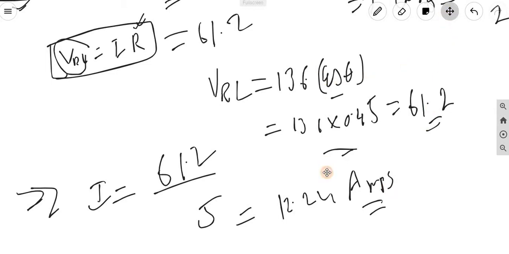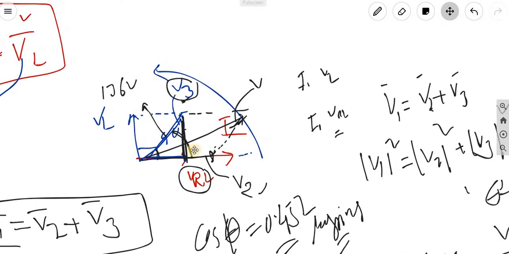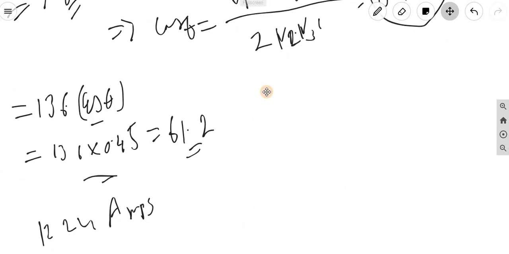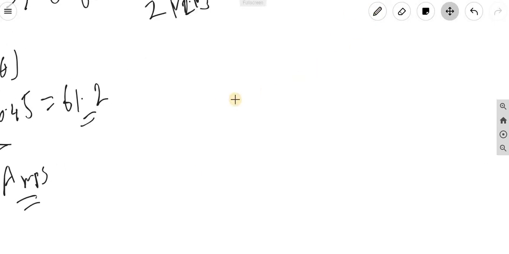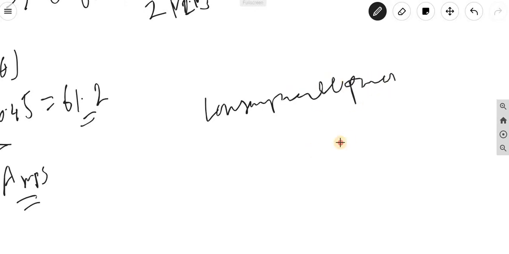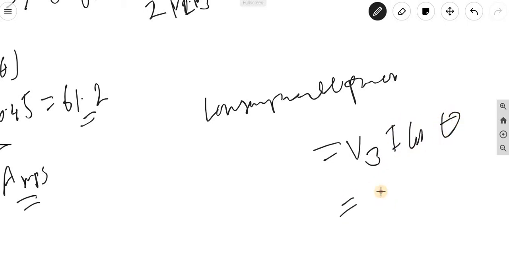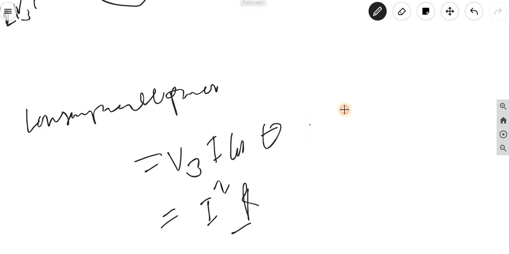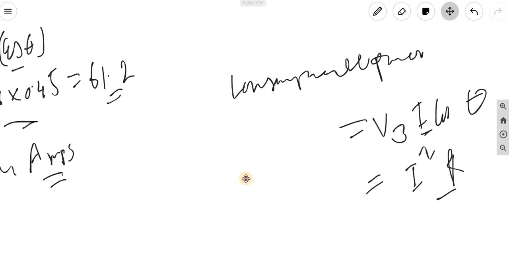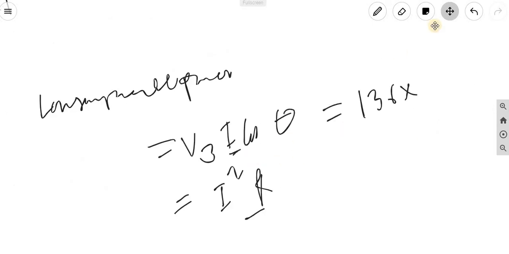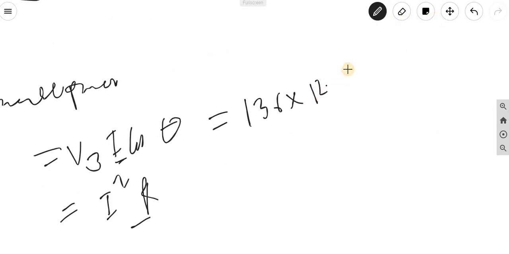Clear? Now the consumable power. Consumable power is VI cos phi, so it may be V3 I cos theta, or it's I square R. As you know, V3 is 136 and I is 12.24, into cos theta, which is 0.45.